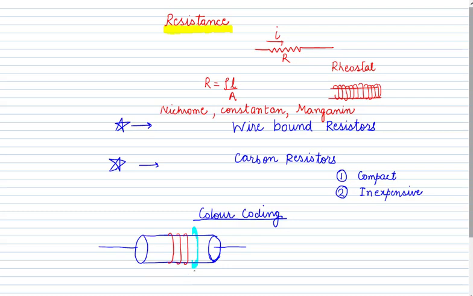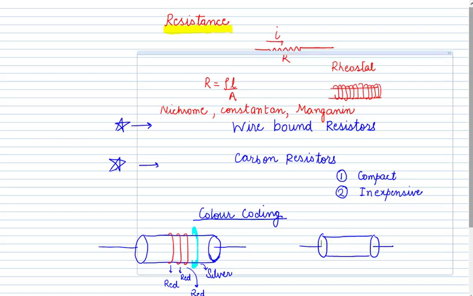So you can show that this is obviously red. Then we have one more red, and there is a third red, and this may be a silver one. I am just representing silver with this color. One more resistor I can draw here, and it also has some color coding. For example, now you can take different colors.